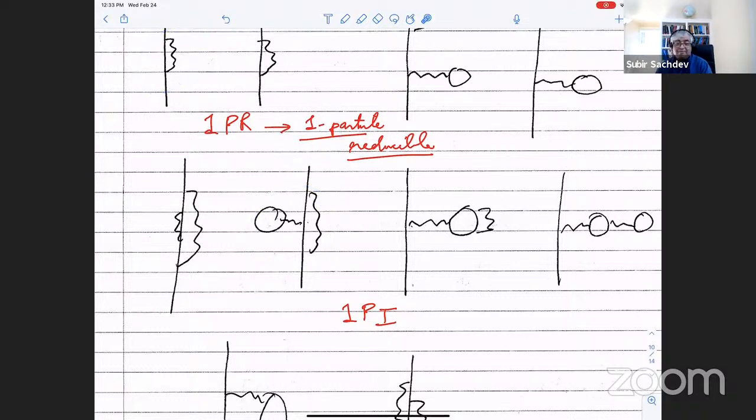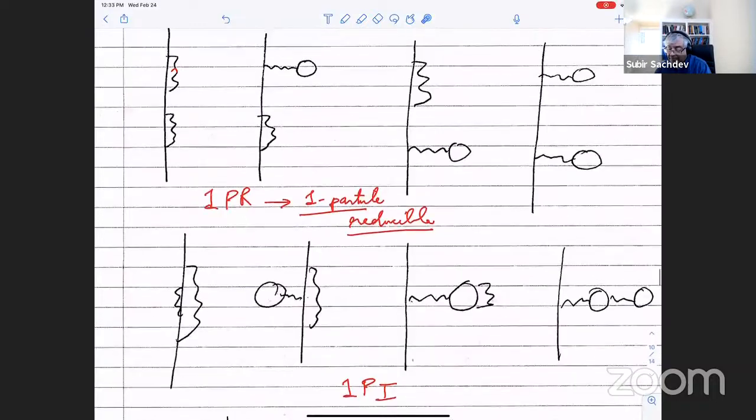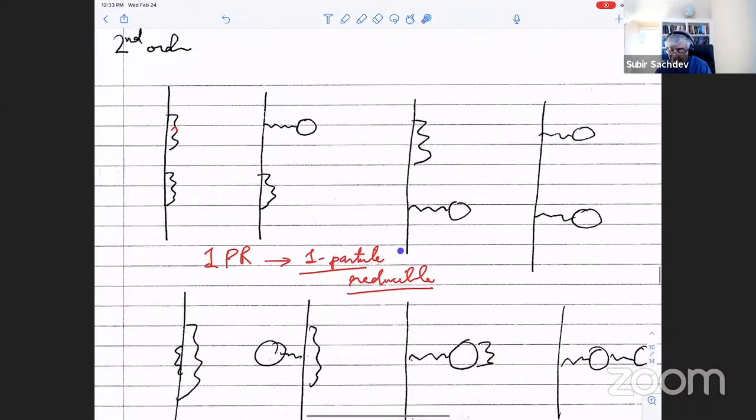And really, that's true for every one particle irreducible diagram. I won't be double counting, because when I make something happen twice, I produce something that's one particle reducible. So if I start with a 1PI diagram, I can make it happen as many times as I want and produce reducible diagrams. I can't do it with a diagram that's already reducible. Then there's the worry that you're double counting.